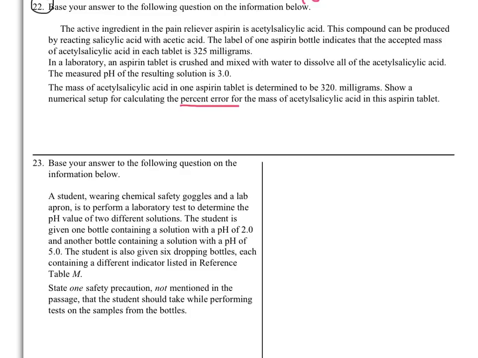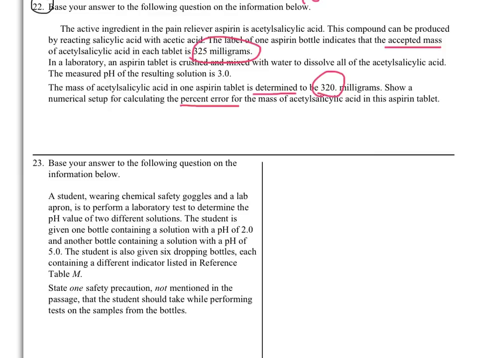Now, this problem says show the correct numerical setup, so we'll want to show all of our math here. There are two numbers in this question that concern us. There is the accepted mass for acetylsalicylic acid, which is 325 milligrams, and there is the determined mass of 320.